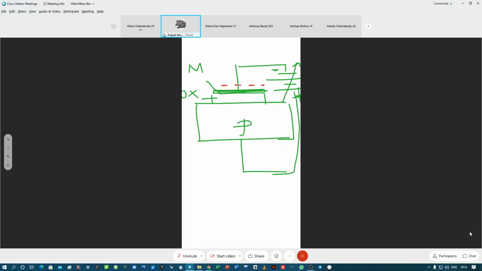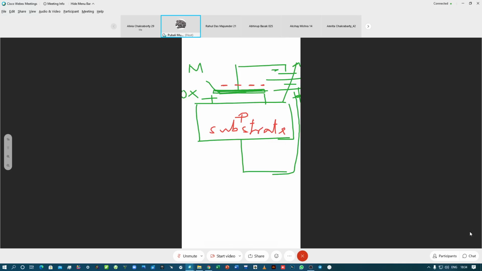So when you are having negative charge on the upper plate, what is going to happen? This is the p-type substrate.